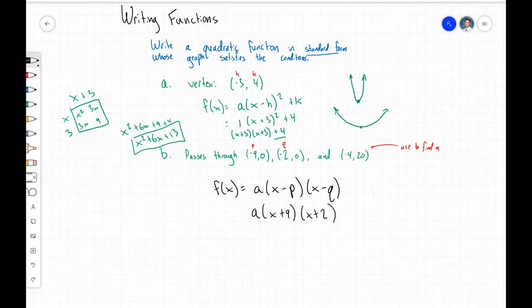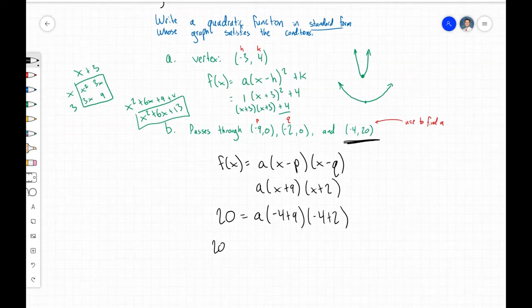So now we have this other point here, -4, 20. Right? So remember that -4, 20, that's an ordered pair telling me that when x is -4, y, or f of x, is 20. So I can go ahead and substitute here. 20 equals a times -4 plus 9 and -4 plus 2. This will allow me to solve for a.